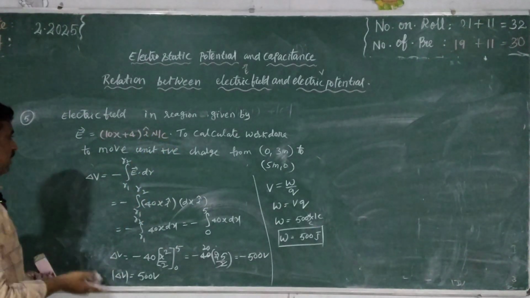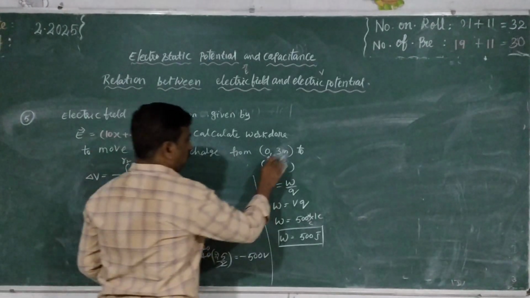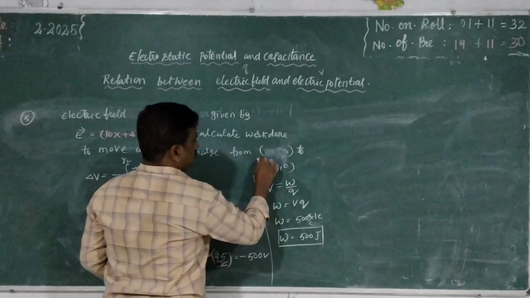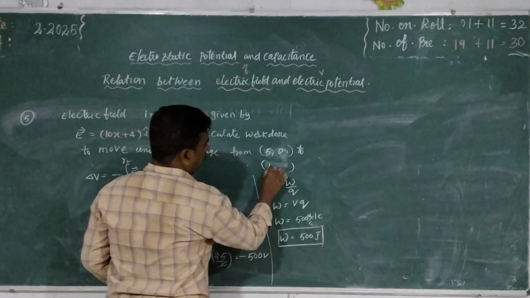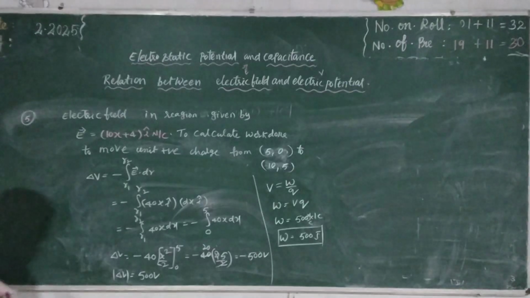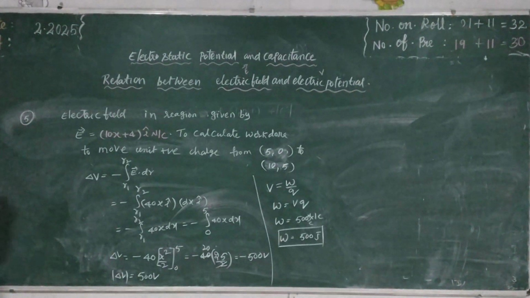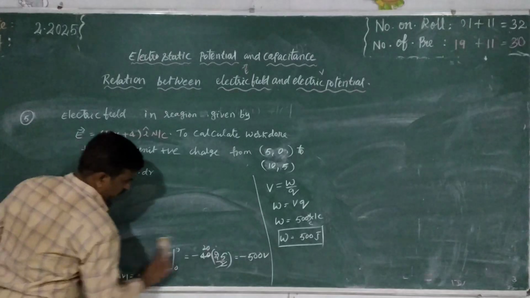We have to calculate the work done to move a unit positive charge from (5, 0) to (10, 5) meters. Same problem, same method. Only this has changed.